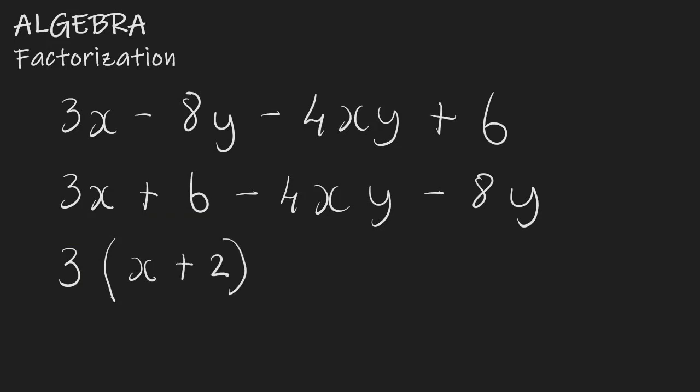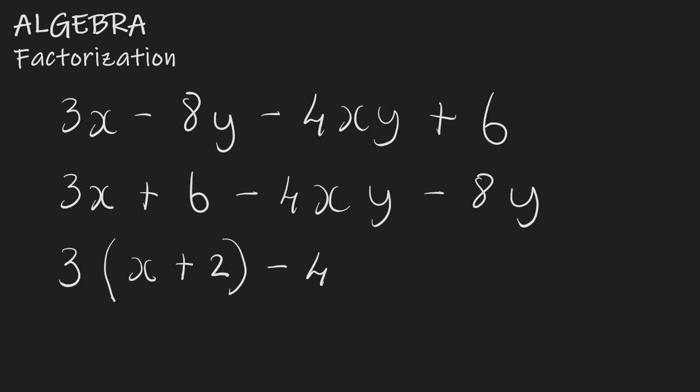I now move to the second pair, which is negative 4xy minus 8y. My first step is to find the highest common factor of the coefficients. In this example, this is 4 and 8. Well, the highest common factor of 4 and 8 is 4. I notice that both my terms are negative, so I will be factoring out negative 4.